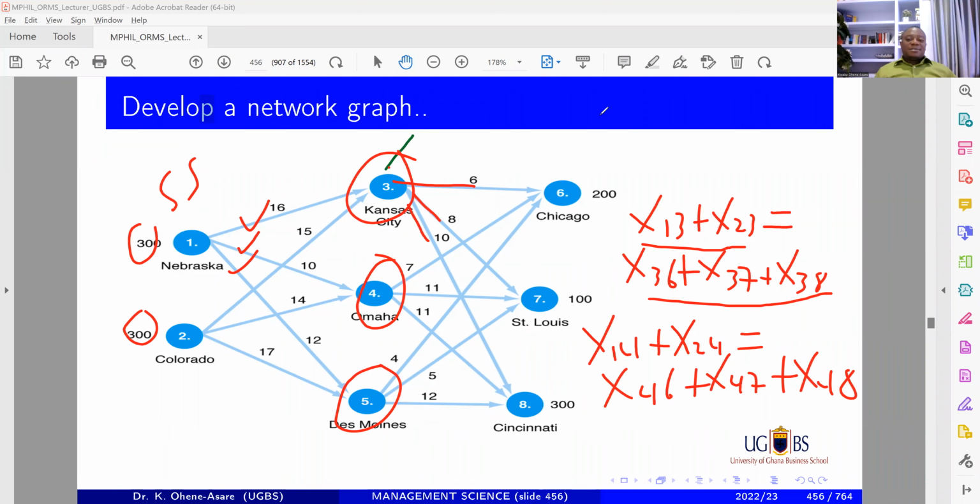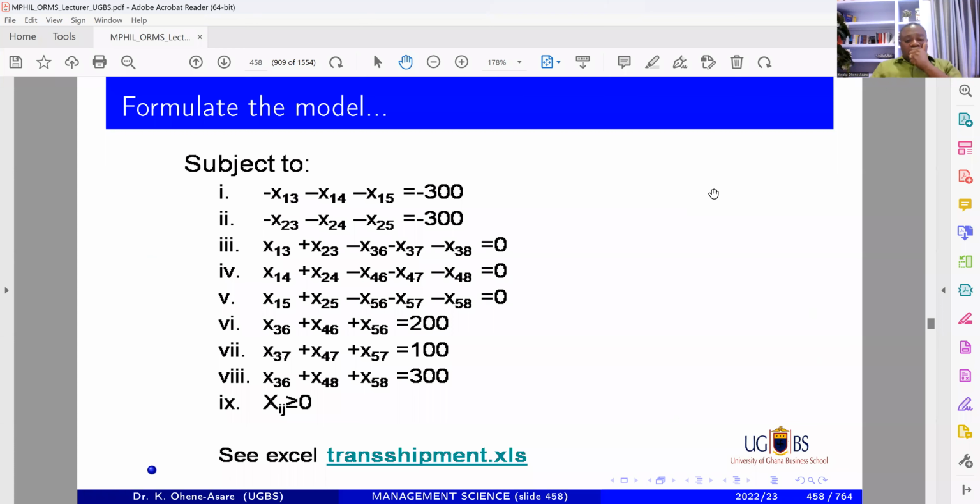So there are 8 constraints here, and 3 of them are going to be like this. Finally, let me show you the complete constraints for this transshipment model. Look at the complete constraints. Of course, I've moved the right-hand side to the left-hand side, and so we have a model that looks like negative on the left-hand side.